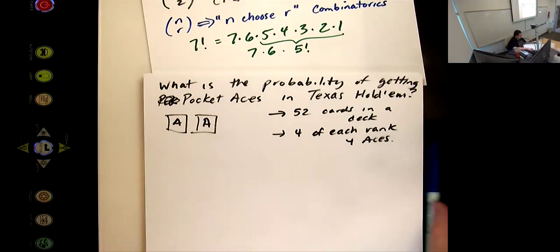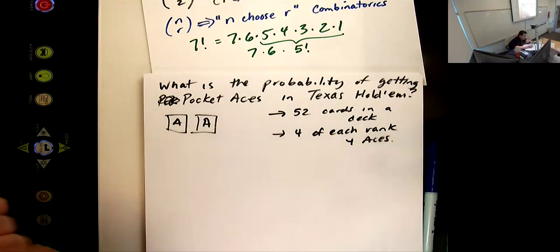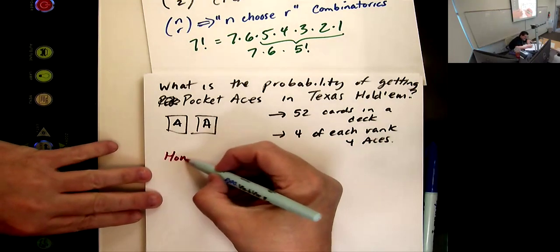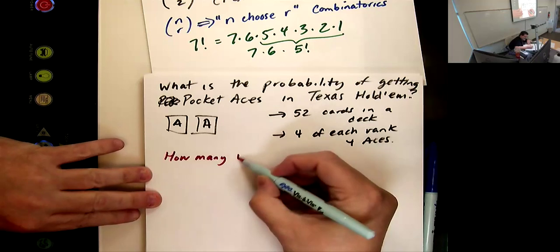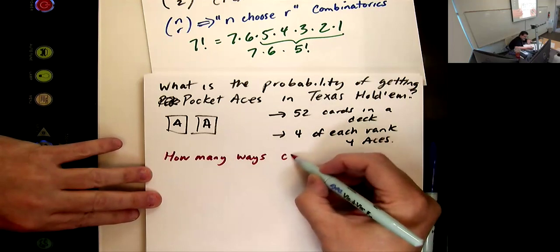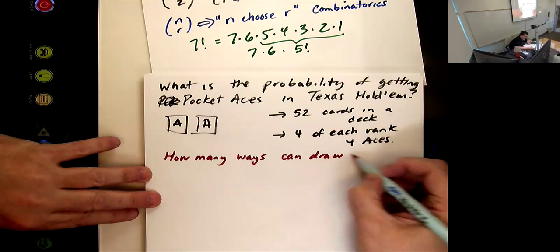So applying N choose R here is like, how many ways can I draw 2 different aces out of 4?